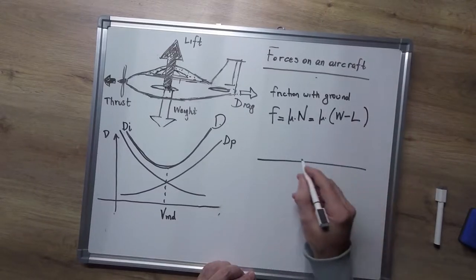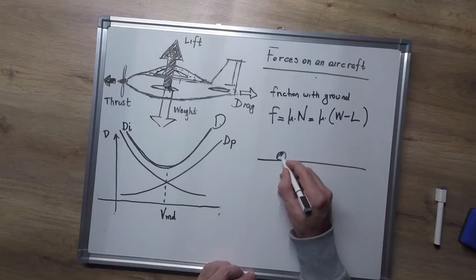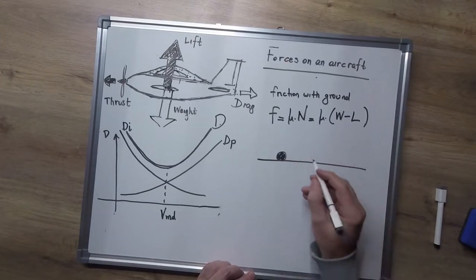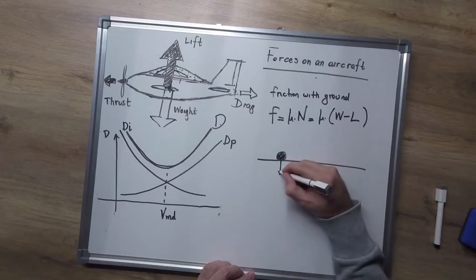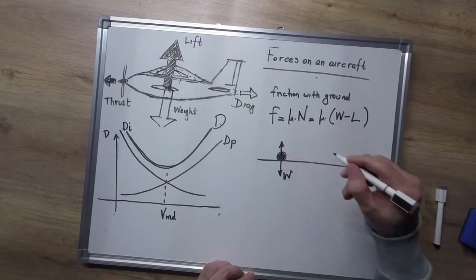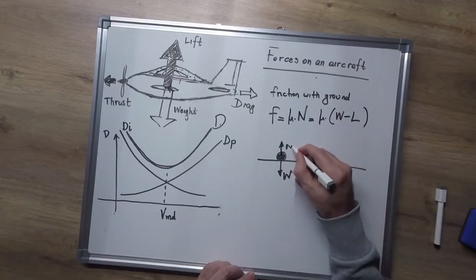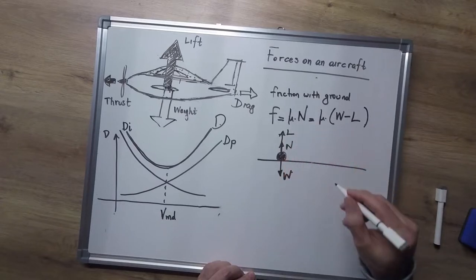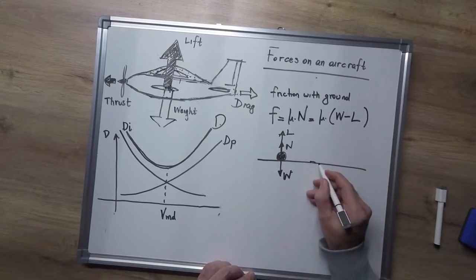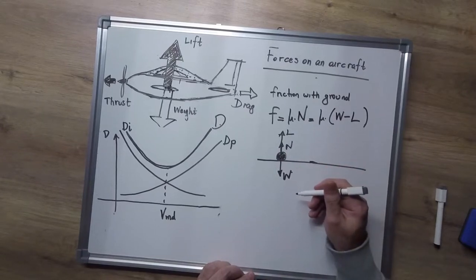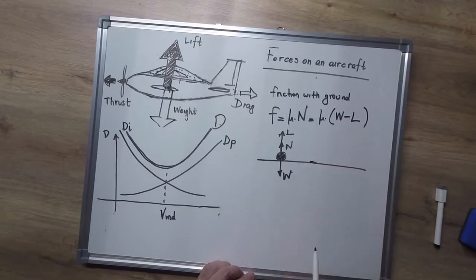Why? Because let's say that this body is the aircraft, so we have its weight, the vertical reaction from the ground, and the lift, which is being generated slowly as the aircraft is about to take off, or is reduced when the aircraft lands and the lift is destroyed.